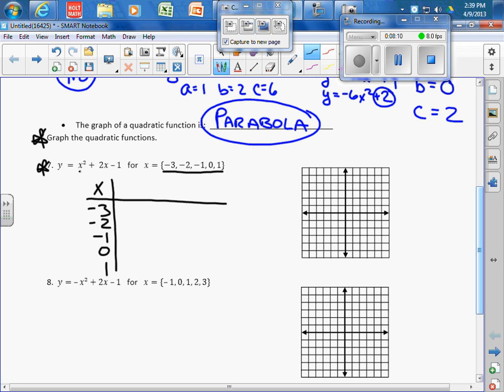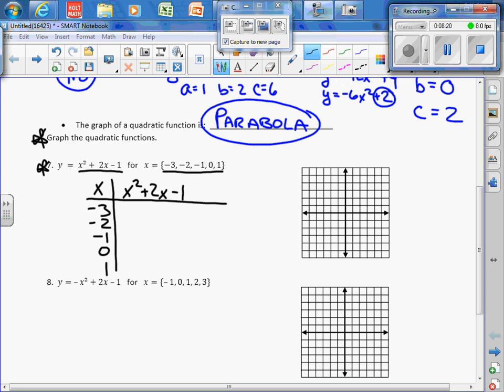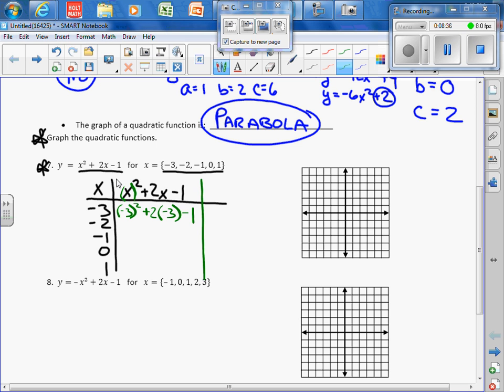And I'm going to plug those in for x in x squared plus 2x minus 1. Please use parentheses when you are using your calculators. The x is going to go in parentheses. That's the negative 3. And I'm going to square it, plus 2 times negative 3 minus 1. Plug that into your calculator and see what you get.